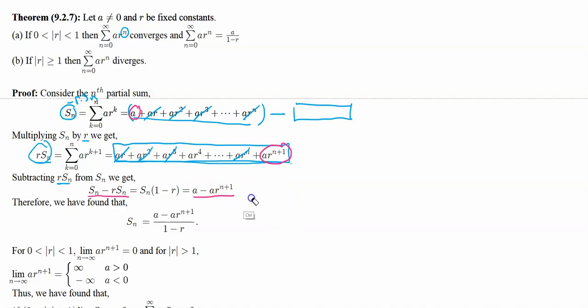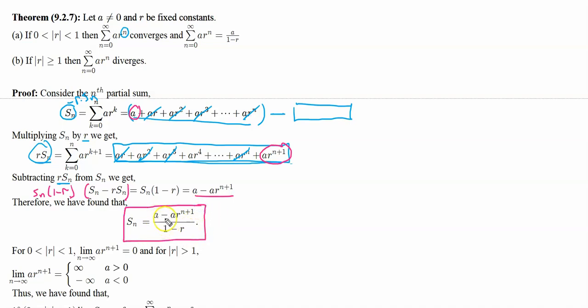Now what you can do is, from the left-hand side here, let's factor out an s sub n, so we can write this as, and then divide this over here to this side, and we end up with this statement that the nth partial sum is actually equal to this quantity.